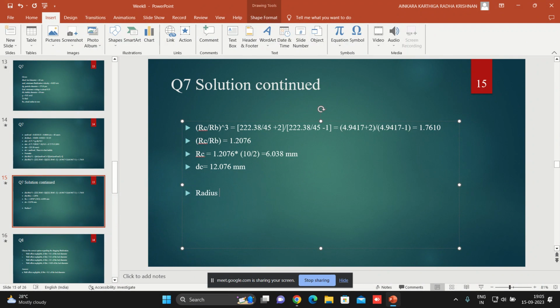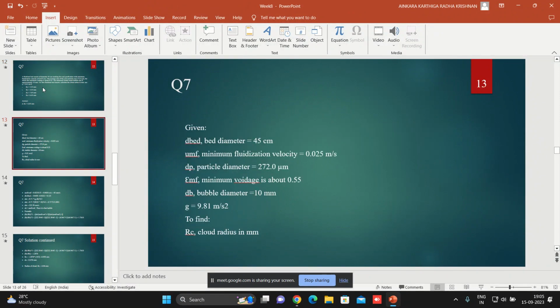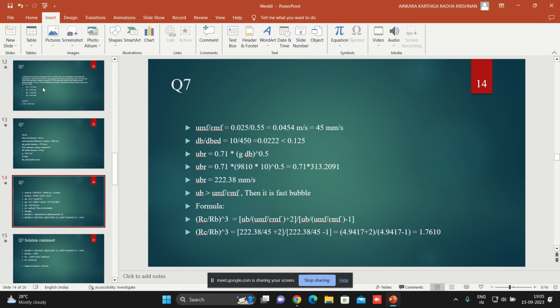Radius of cloud RC is equal to 6.04 mm. So we'll just quickly go through how we did the problem. First we have written all the given things from the problem statement, and then we have found UMF by epsilon MF and compared it with the UBR, or else we can give it as UB.